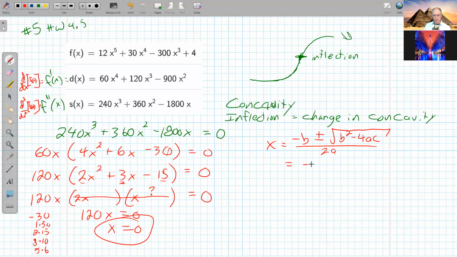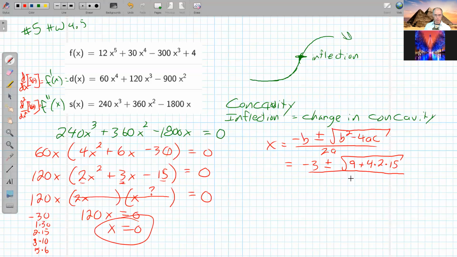So we have a negative 3 plus or minus the square root of b squared. So that would be 9 minus 4 times 2 times negative 15. So that changes to a plus there. So always take a little care inside the square root so you don't mess up a sign there.